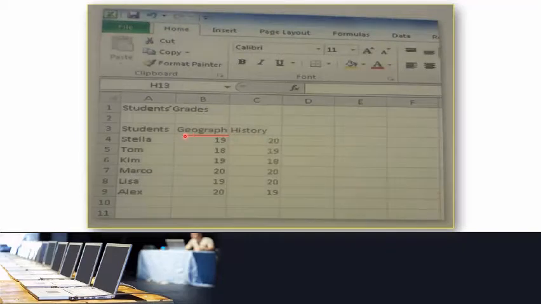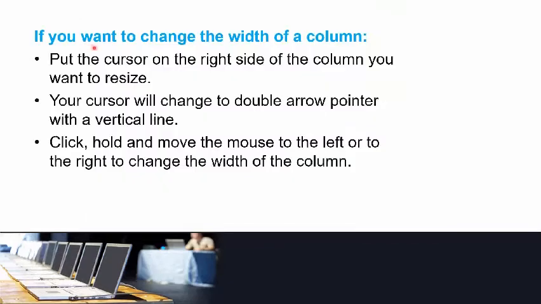In this image, you can see here a word geography. In this word, the letter Y is missing. By expanding the width of this column, you can easily see all the letters of this word. How can you change the width of a column? Here is a method.